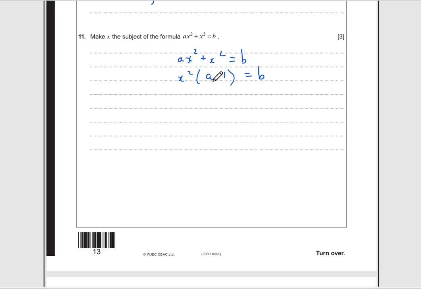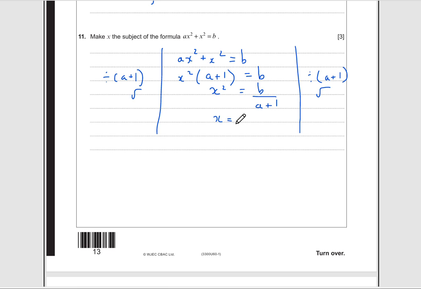Then I want to divide by a plus 1. So we have x squared equals b over a plus 1. Then we need to square root both sides. Really important that whenever we square root, we have a positive and a negative answer. So it's going to be plus or minus the square root of b over a plus 1.